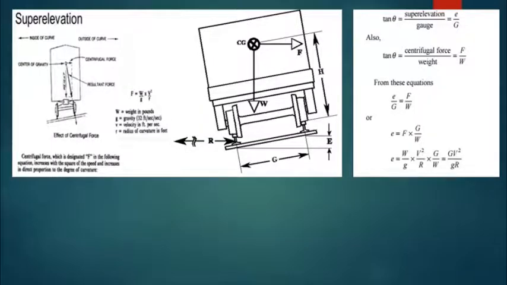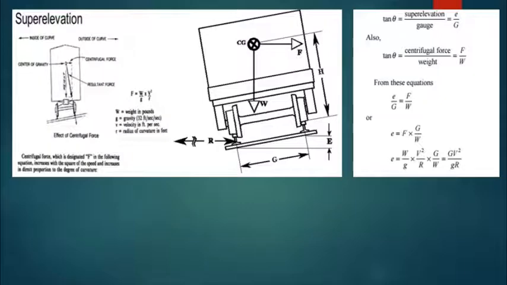So you can calculate the super elevation using the equation E = GV² / gR, where small g is the acceleration due to gravity, R is the radius, V is the velocity, and capital G is the gauge of the railway track.